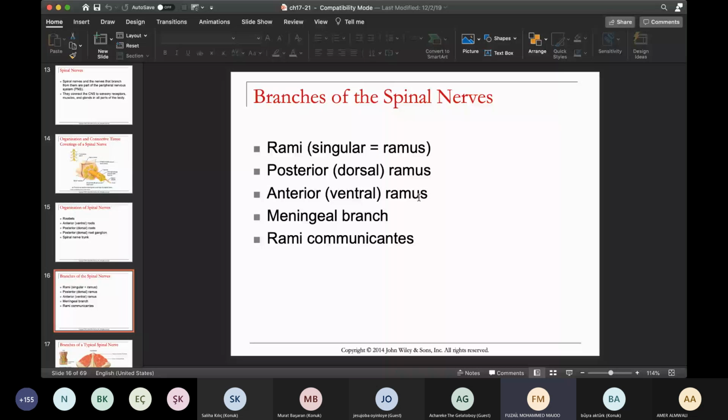And these are somatic branches that end up being delivered to the musculoskeletal wall of our body. The posterior dorsal ramus serves the deep muscles and skin of the posterior surface of the trunk.